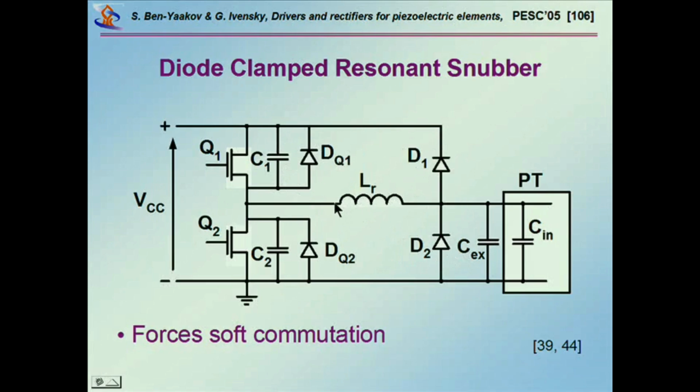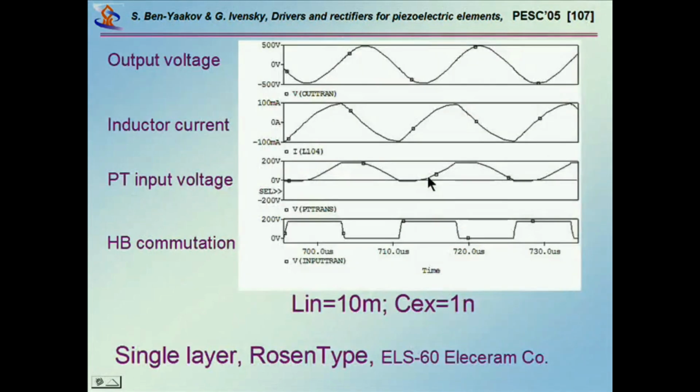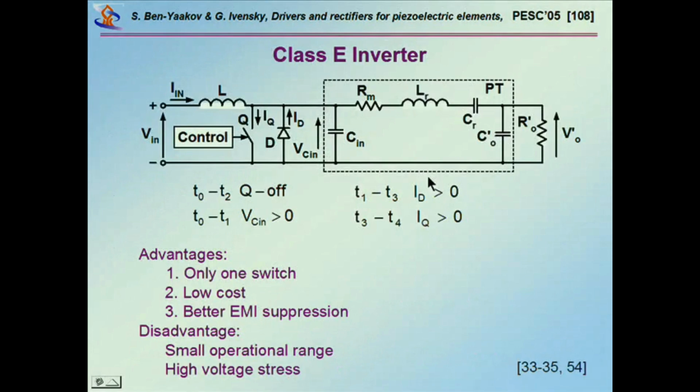What has to be chosen carefully is the characteristic impedance of this total capacitance and the inductance, so that the impedance will not be too low as to generate high circulating current when the diode is clamped.